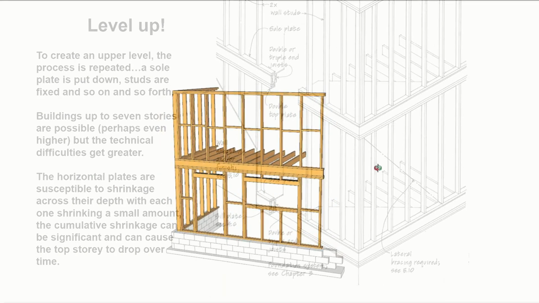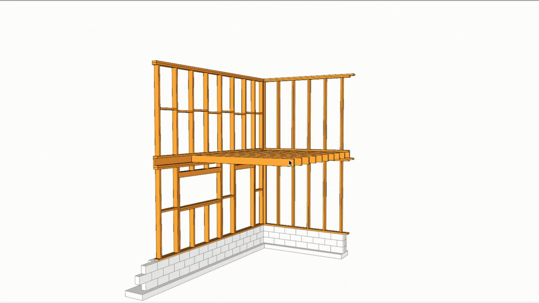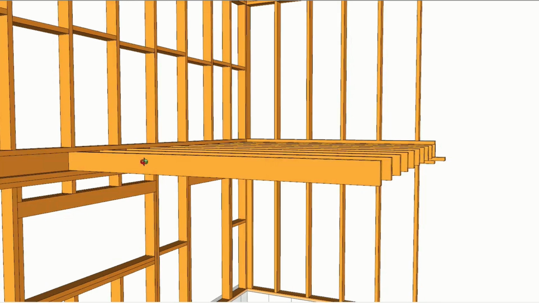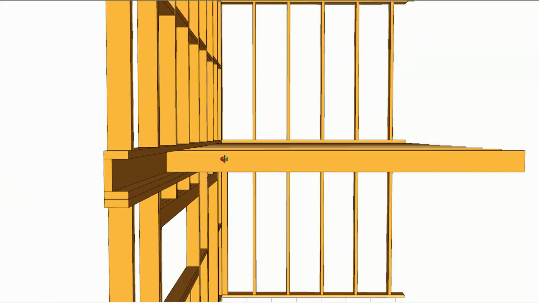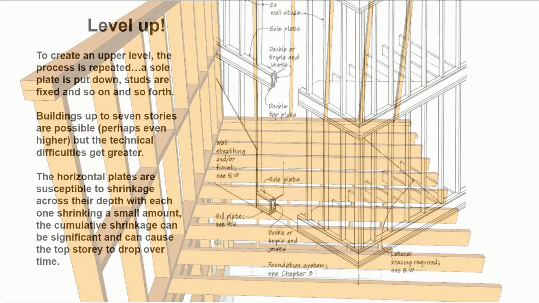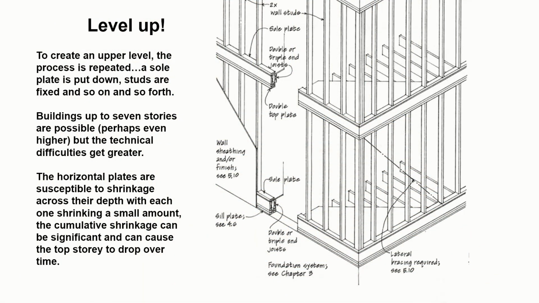So to create another frame, we would put down a new sole plate, studs, a double top plate, and there we've got another frame on top. And of course, if we are prefabricating these, the framing elements, including the sole plate and the double top, can be installed in a factory, and these things can actually just be dropped on as soon as the platform's completed.